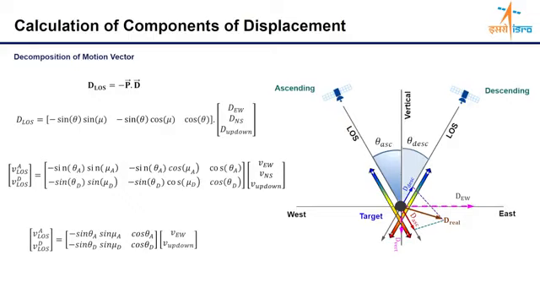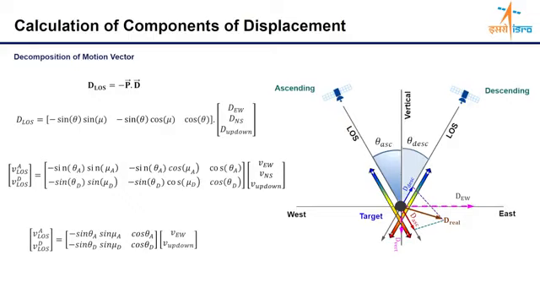So you can say one value of the east-west displacement, and one value for the up and down component can be calculated from this relationship. The east-west displacement is called the horizontal component of the displacement, and the up and down component is called the vertical component of the displacement vector. So what we are not getting from this coupling of the ascending and descending data sets is the north-south component.